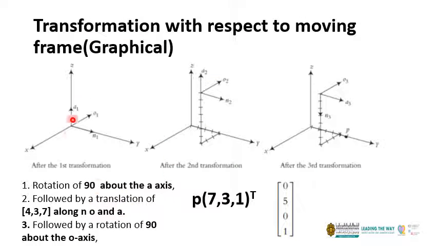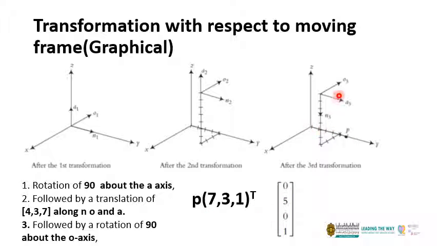So once you have these, you can see now the transformation is with respect to the O axis, then translation, then the A axis. This will be much different, and you can see it graphically as well. It will have a different result: 0, 5, 0, 1.